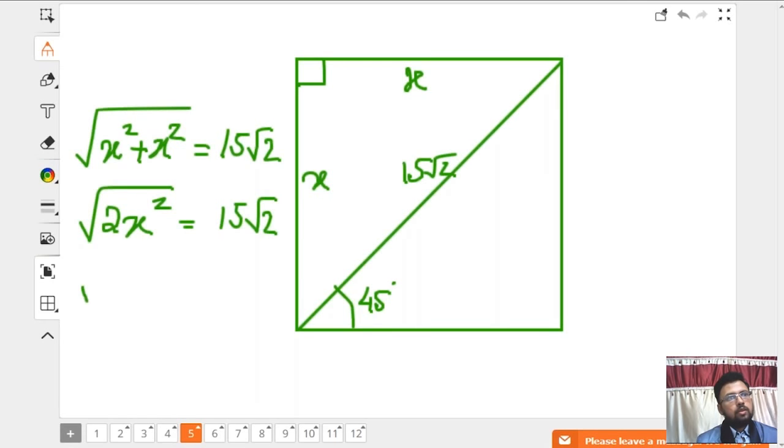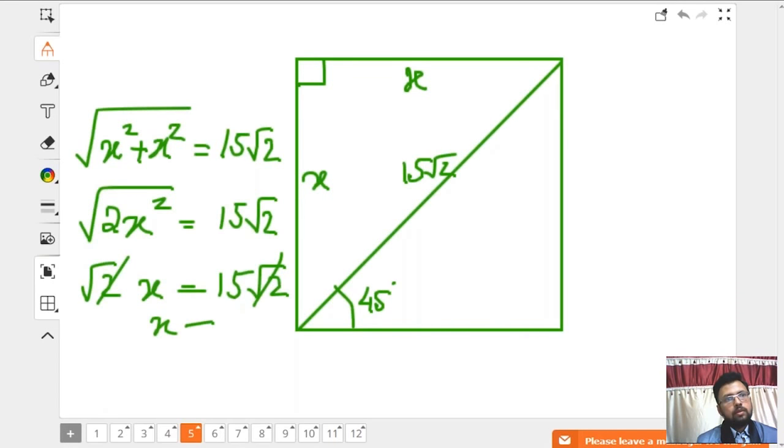That is, root 2 x is equal to 15. So root 2 gets cancelled, x is equal to 15. That's your answer. Now listen.